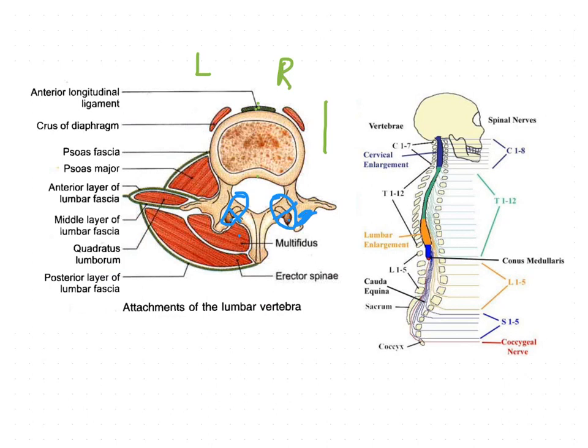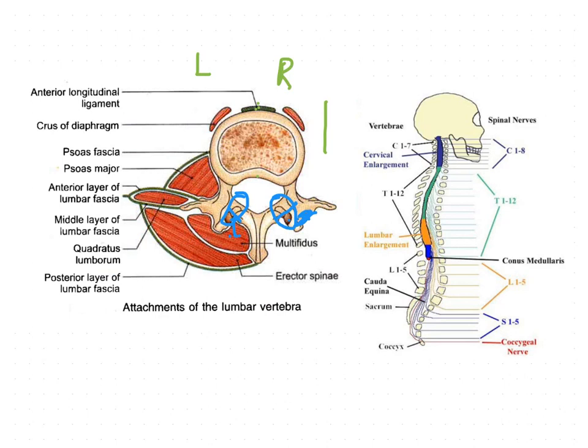So some part of the medial intertransverse muscle is also attached to the mammillary processes, and it is also attached to the multifidus muscle. So these are all the attachments and relations of the lumbar vertebrae. In the next session, we are going to see the applied anatomy related to this lumbar vertebra.